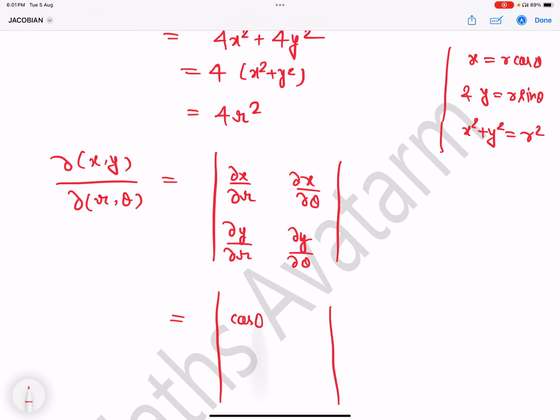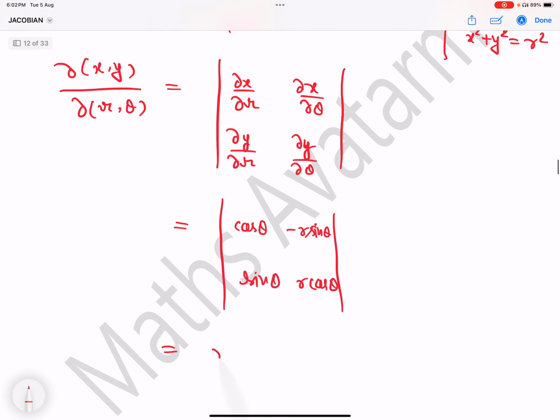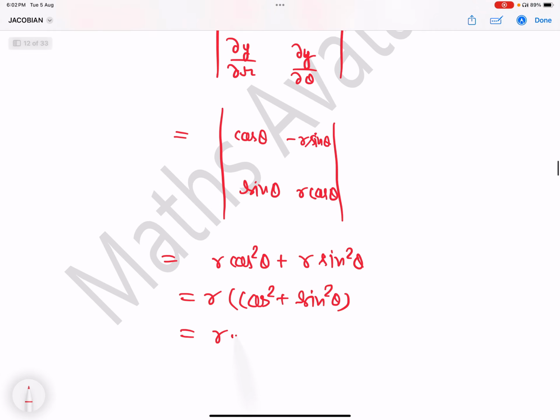So, this is cos θ, and this is −r sin θ, and this is sin θ, r cos θ. So this is r cos²θ + r sin²θ. So r you can take common. So what is this? This value is 1. So this is r.